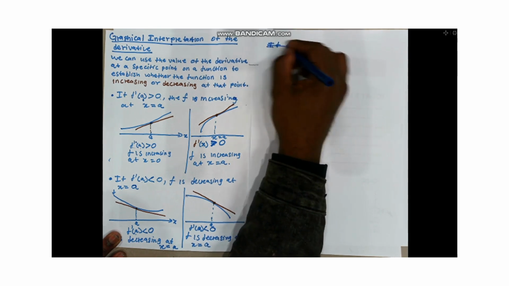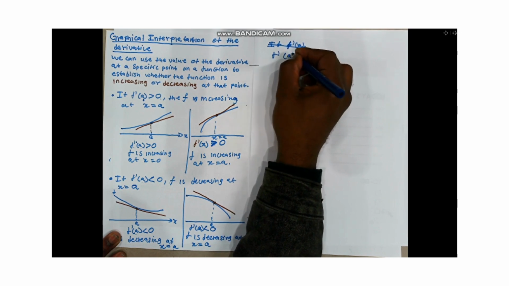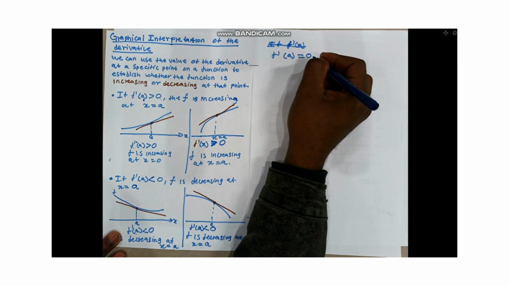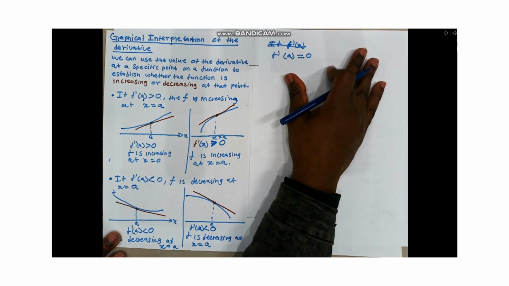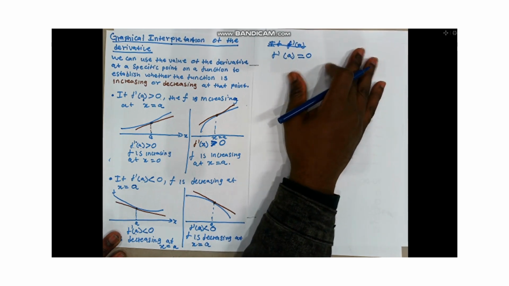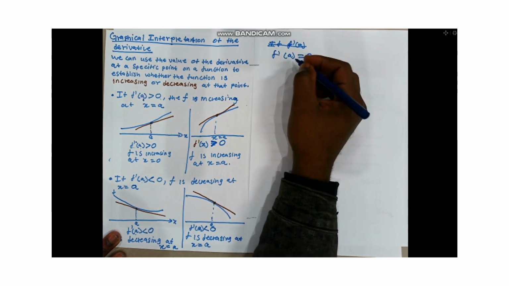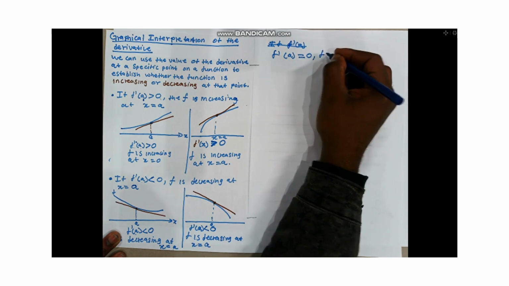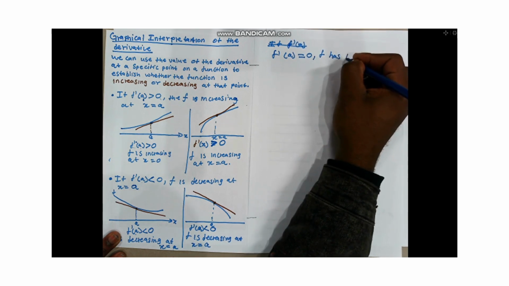So if f prime of a is equal to 0, it's not greater, it's not less than, but is equal to 0, then f has a stationary point.